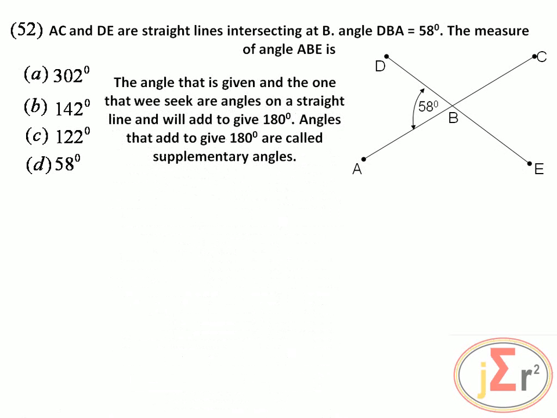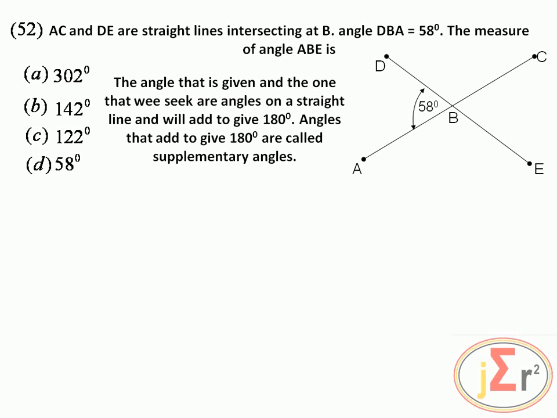The angle that is given and the one that we seek are angles on a straight line and will add to give 180 degrees. Angles that add to give 180 degrees are called supplementary angles.